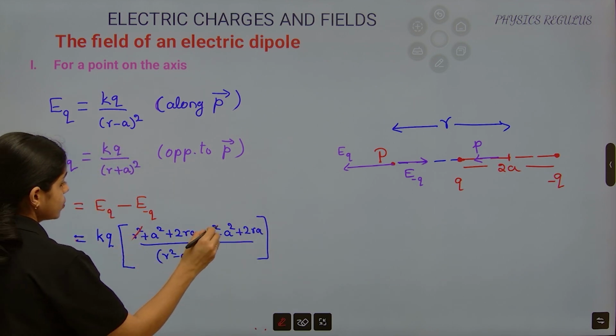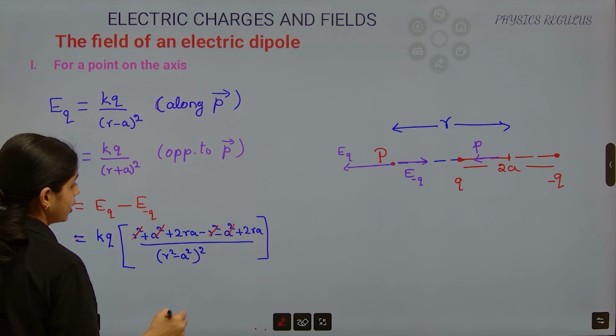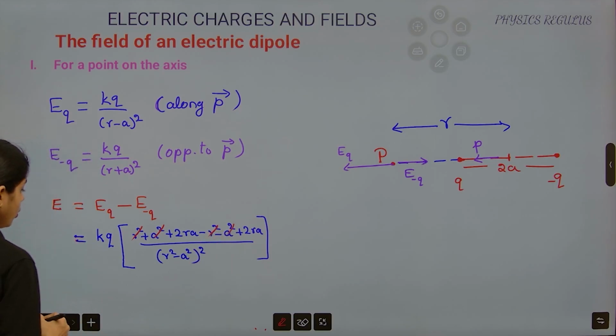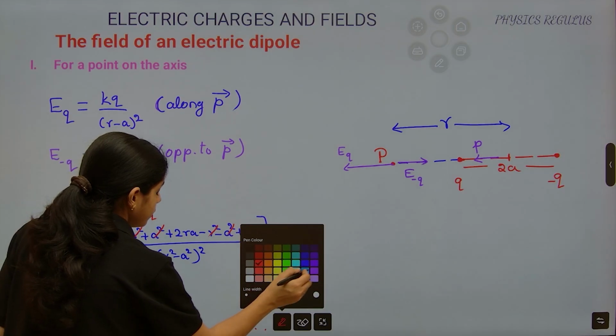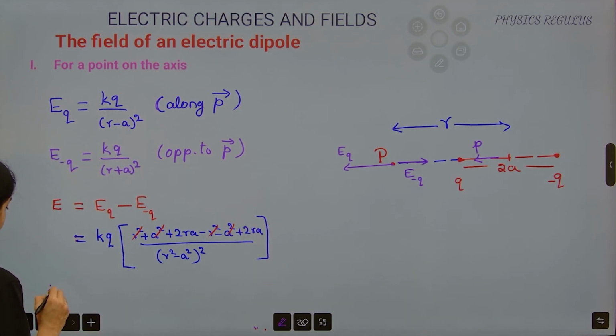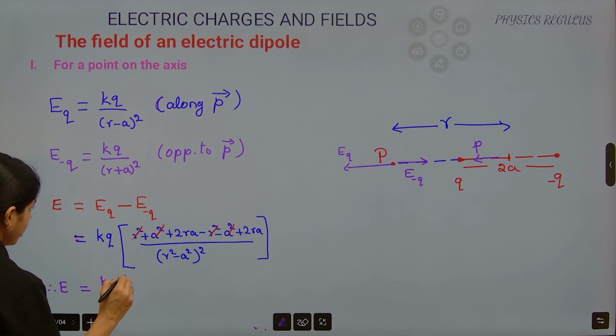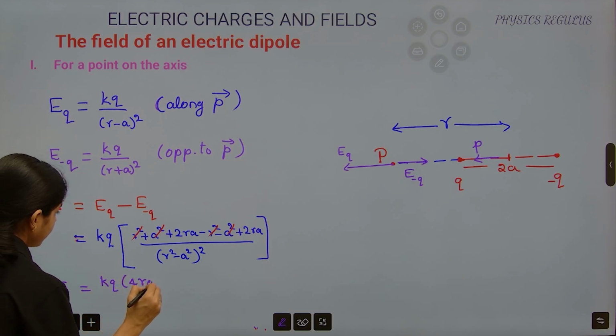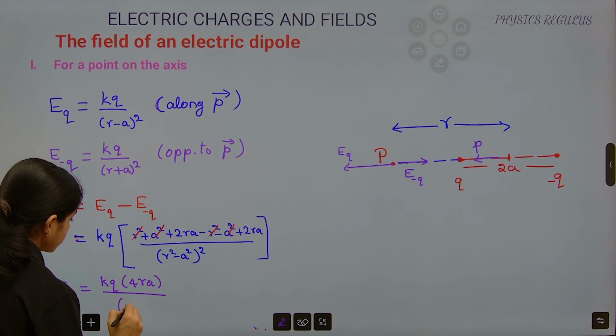In the numerator, R square cancels, a square cancels, remaining is 4Ra. Therefore, the resultant electric field E is given by kQ into 4Ra by (R square minus a square) whole square.